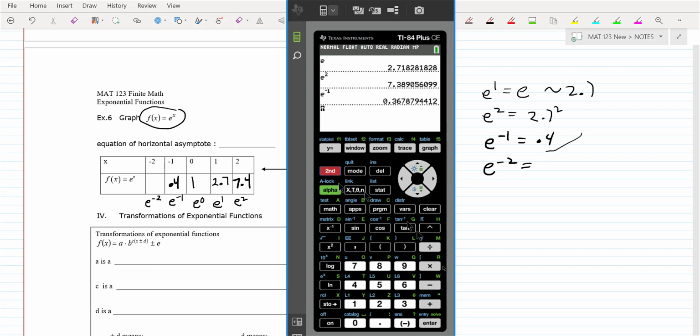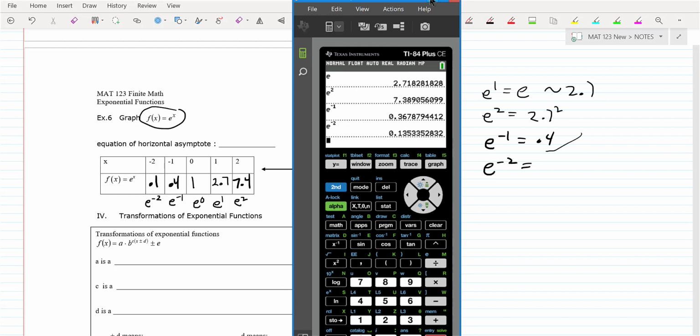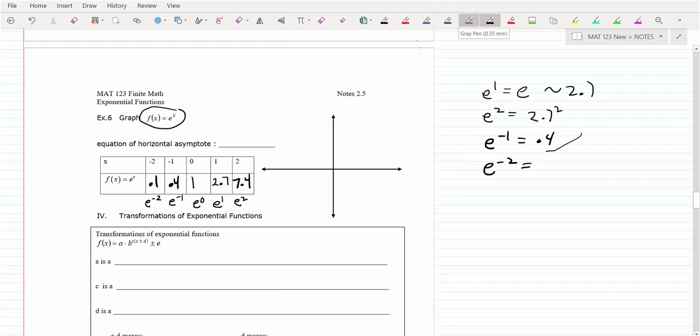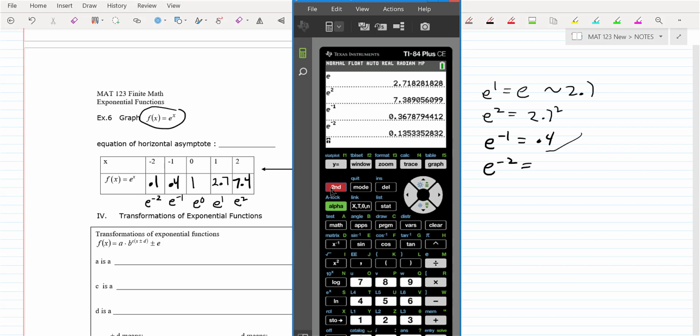So I go second division symbol, raised to the negative 2, and then that'll be about 0.1, roughly like that. Now, all those numbers are just coming from my calculator. We're going to plot just to get an idea of what this stuff looks like then. Okay, so I go second division symbol to get the e. Raised to is that key. Then negative 2. Put the negative and then the 2. Yeah, like that. So it's 0.1.